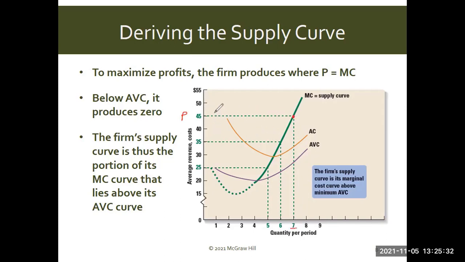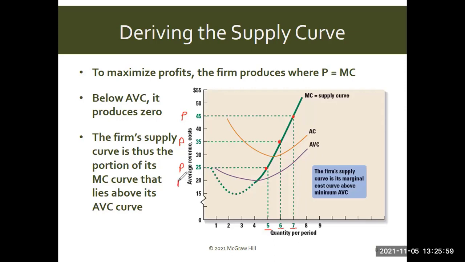This producer is. If the price dropped to 35, we go across to marginal cost, come down, well, they'd be willing to make 6. If the price went to 25, they go across, hit marginal cost, and they now know that that price is below average cost. So they're making a loss, but it's above average variable cost. So they don't shut down yet. So they'd produce 5.